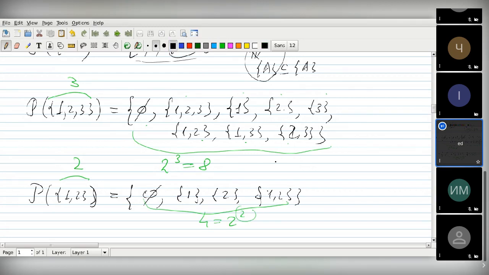Is it now clear why this set is called the power set? In the finite case, it has 2 to the power n elements if the set has exactly n elements. And of course, there remains some meaning of this power in the infinite case.